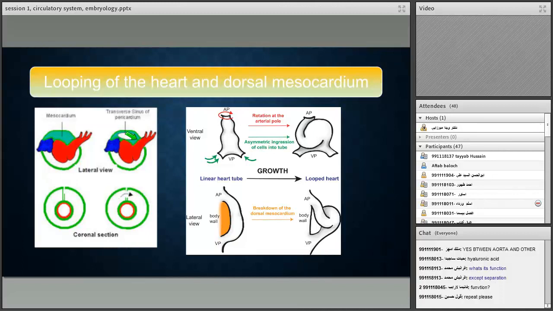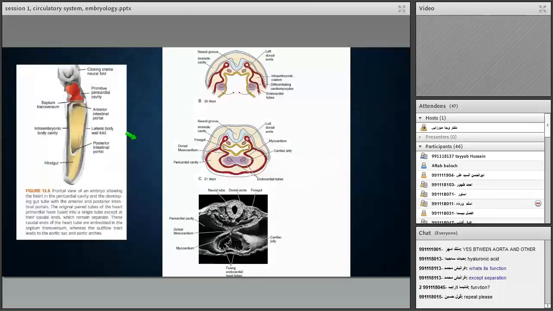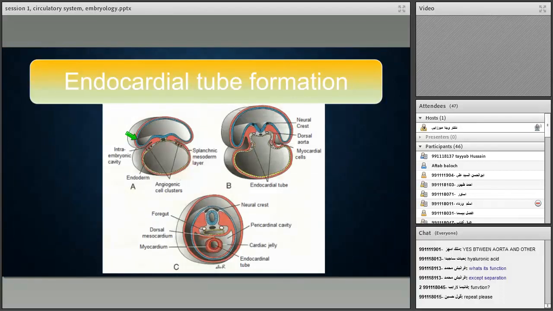3 layers. Look at here, we can see endocardium and myocardium. The myocardial cells are secreting a hyaluronic acid layer, which is called cardiac jelly. The cardiac jelly is placed between the myocardium and endothelium.